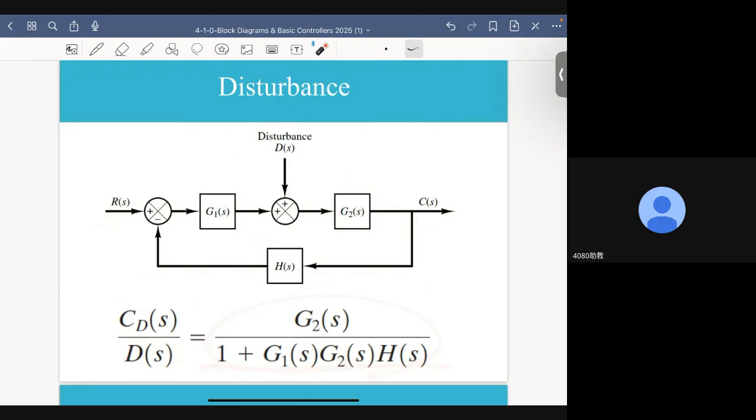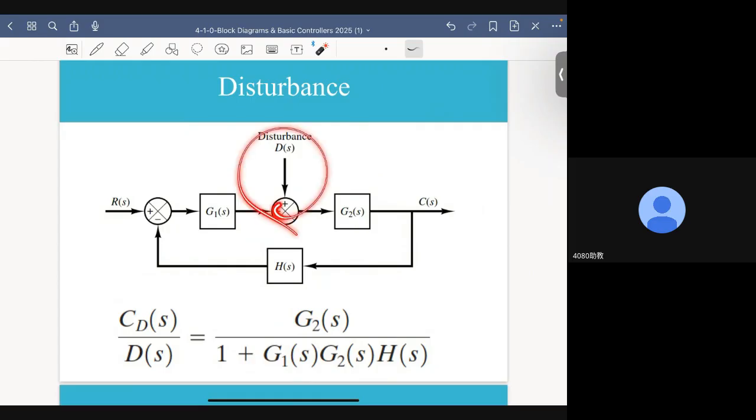I will not tell you how to do that right now. You can try to derive this result by yourself, okay? If you don't do that, that is okay too, because we will go back to this equation in a later part of this course. But for the time being, I just want you to know the utility of block diagrams, how useful they are, okay?